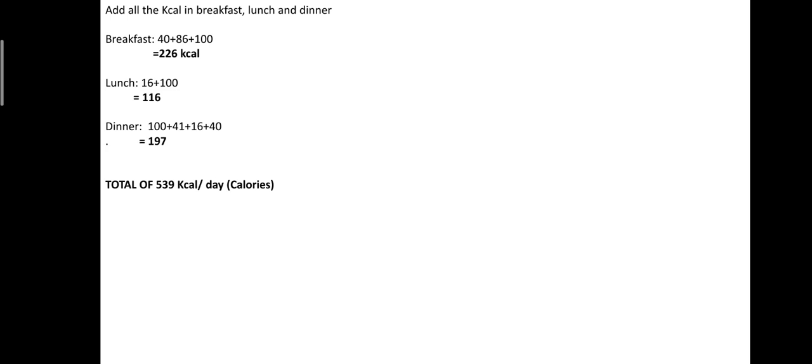And for the lunch, it has 16 plus 100, a total of 116 kcal. For the dinner, we have 100 plus 41 plus 16 plus 40, a total of 197 kcal, for a total of 539 kcal a day or calories, and that could be all for my meal plan.